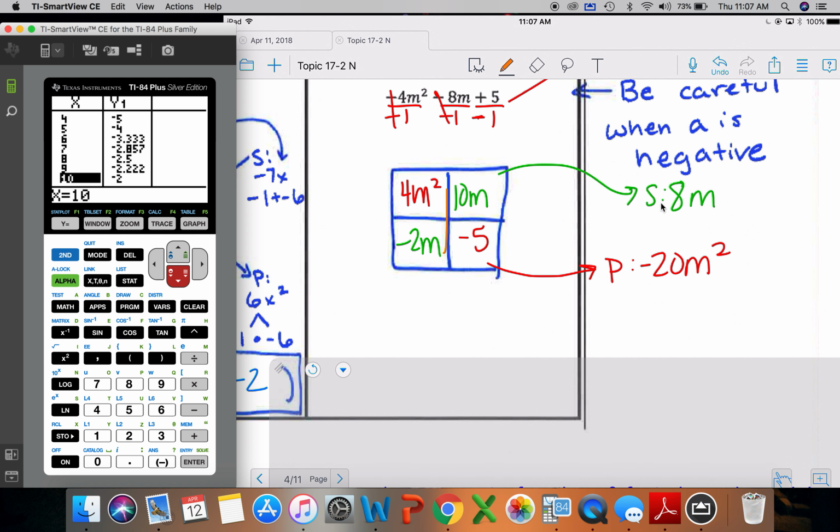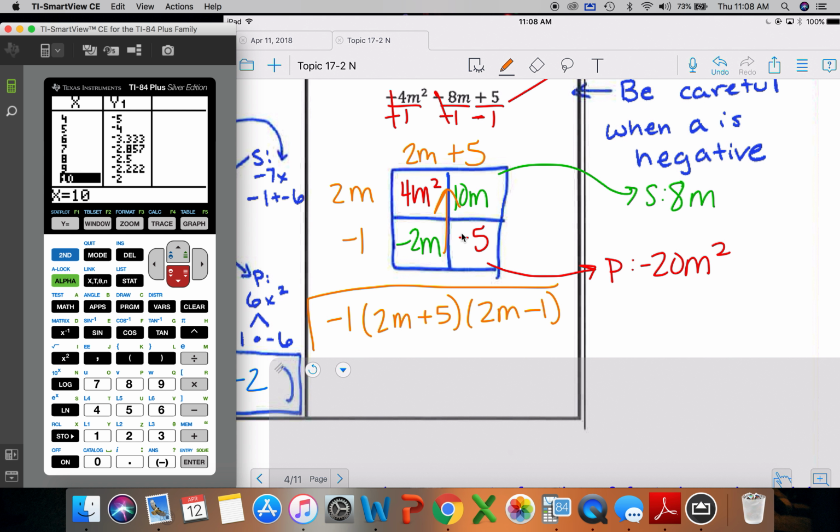So I work vertically first. 4m squared and negative 2m share a 2 as well as an m. 10m and negative 5 share a 5, and that 5 is positive because this term is positive. 4m squared and 10m share a 2 as well as an m. Negative 2m and negative 5 share a negative 1. So my final answer is the negative 1 that I factored out, my top factor, and my bottom factor.